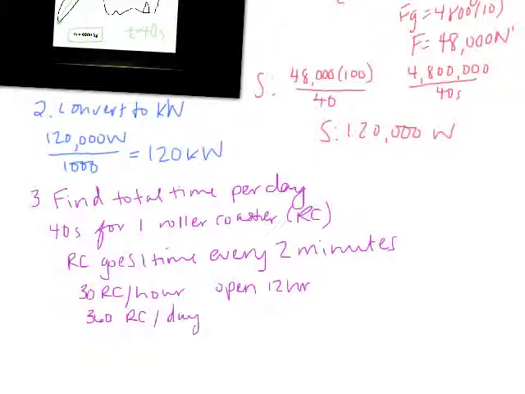That just tells us how many times the roller coaster goes each day, but we want the total time we're actually using this power. So you take your 360 and multiply it by 40 seconds, which gives you 14,400 seconds of power usage.